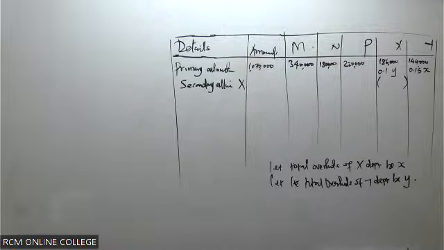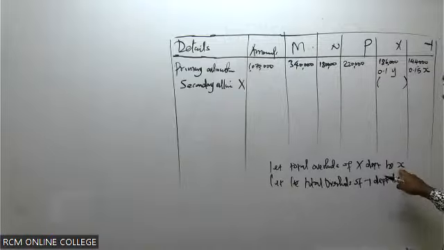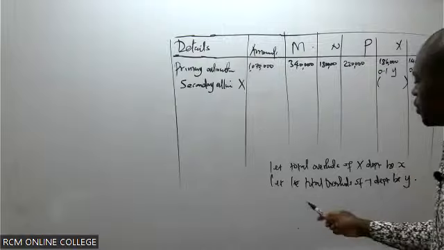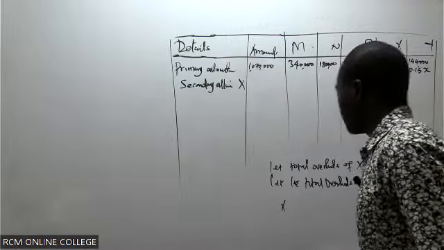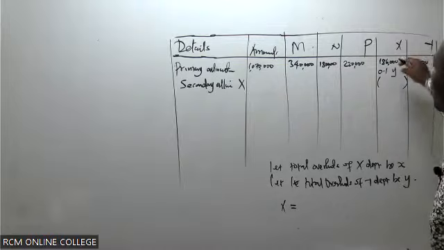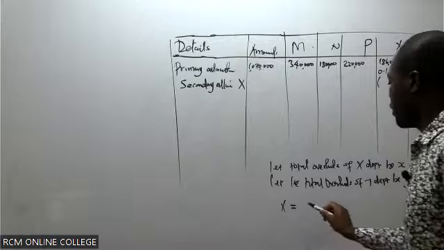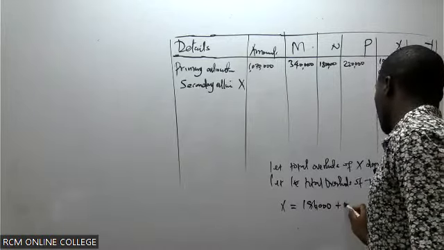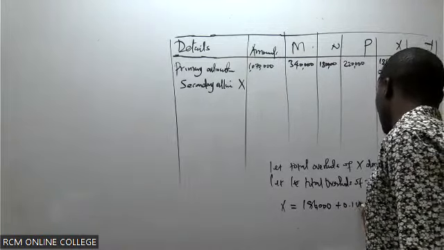The total for department X, we said is equivalent to X, is it? So we say X, the total for department X, which is X, is equal to what we have now, 186,000 plus 0.1 of Y.